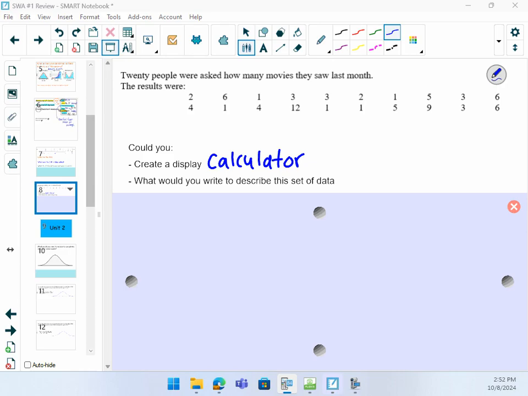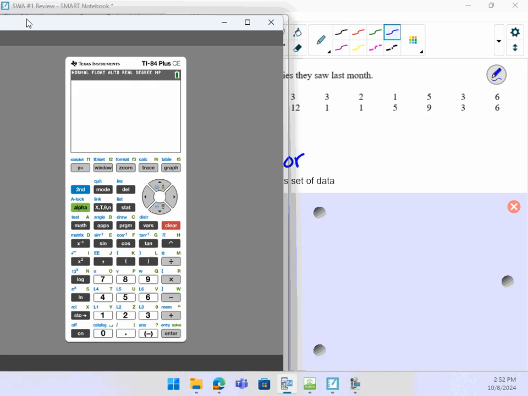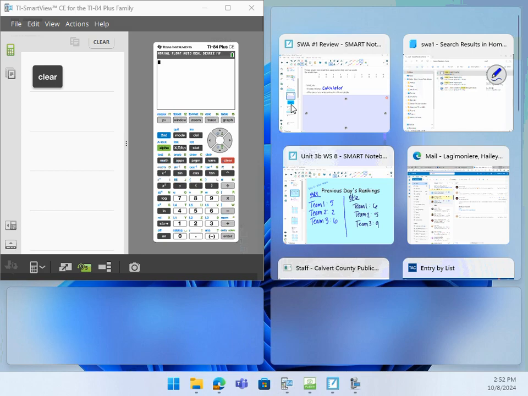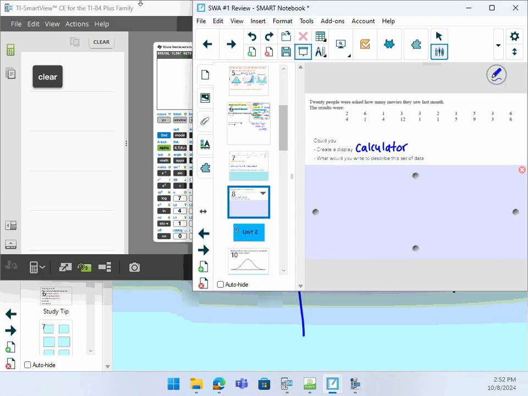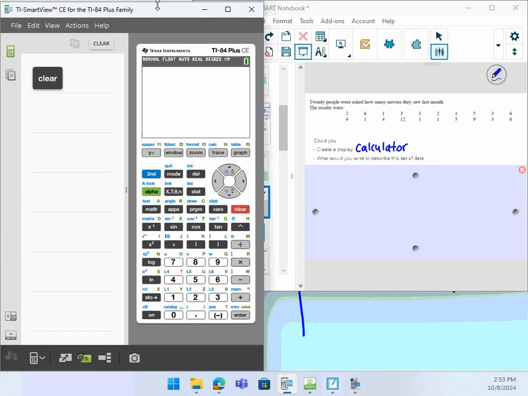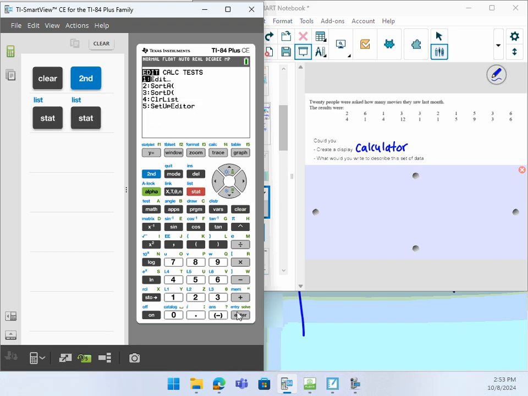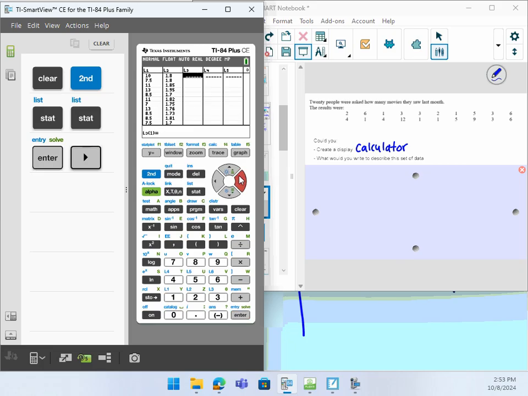I would probably take my data and type it in here. If I would do this, I would do stat, edit, and I would type in my information here.